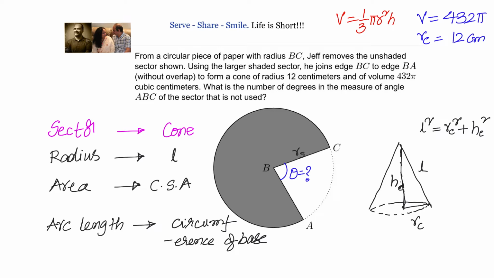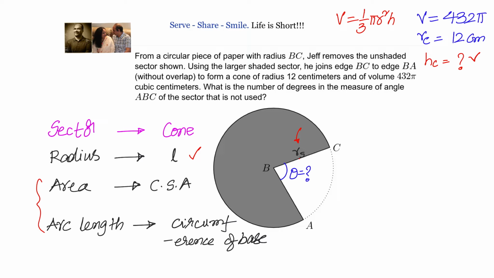We know the radius, so we have to find the height of the cone first. Then we will find L. Once we find L, we know that it equals our radius. Then we will use either of the other conditions to find theta. So let's first find the height of the cone.